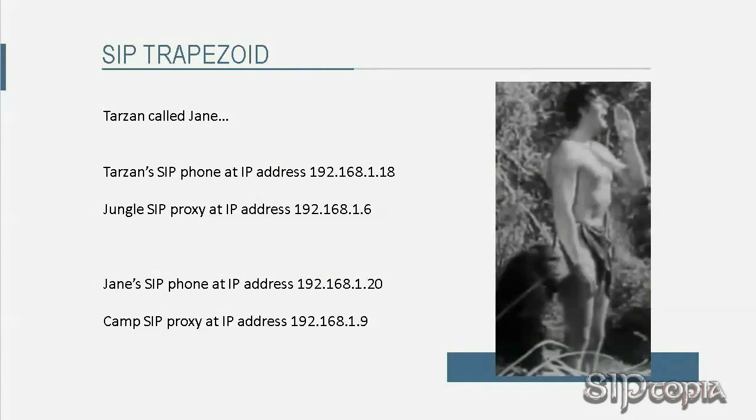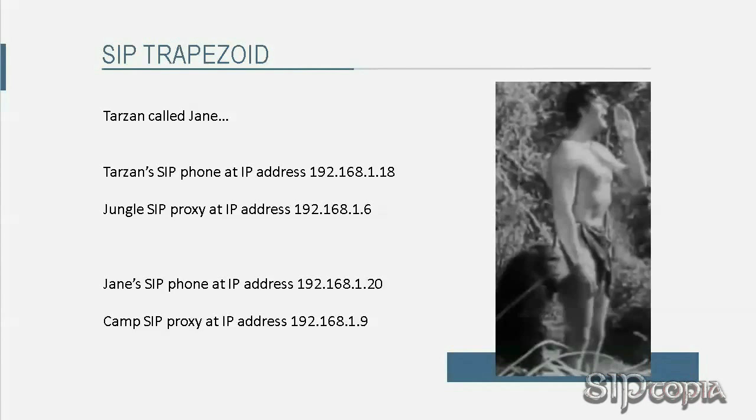Similarly, Jane is at the camp with the IP address 192.168.1.20, and the camp is using a SIP proxy with an IP address of 192.168.1.9. The SIP proxies are also the registrars in this scenario.